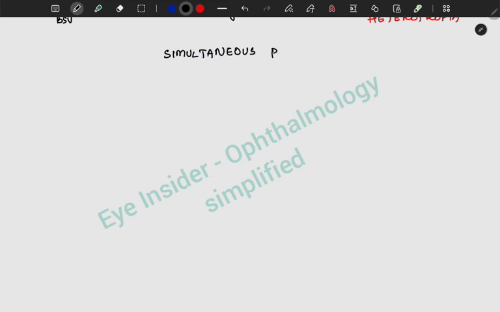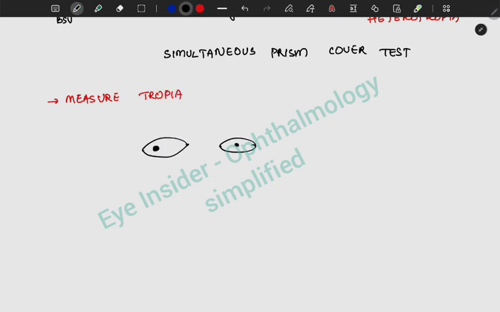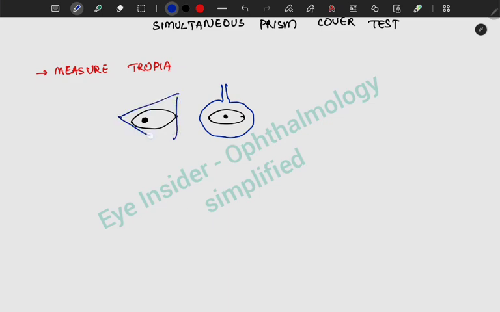Now coming to the simultaneous prism cover test. This is performed after the cover uncover test. Here we will measure the amount of tropia the patient is having. So we already know the patient is having tropia. Now we will cover the normal appearing eye and place a prism in front of the deviating eye. The prism, as we know, has its apex towards the deviation.